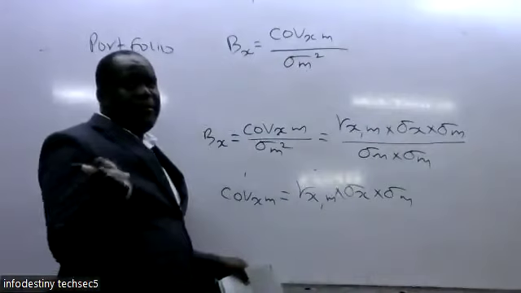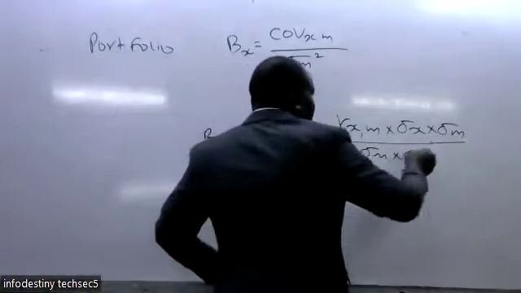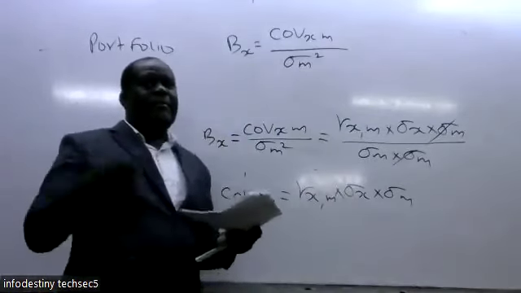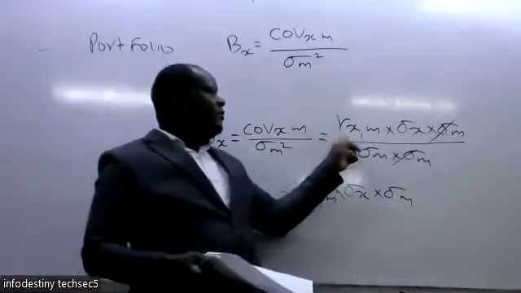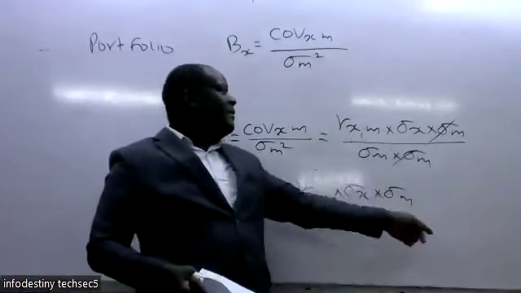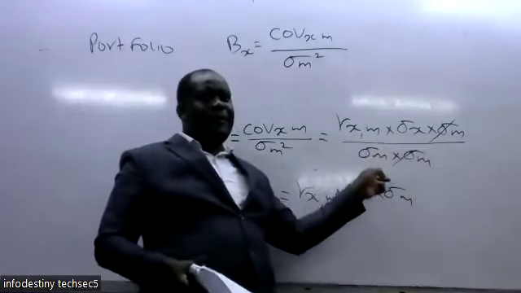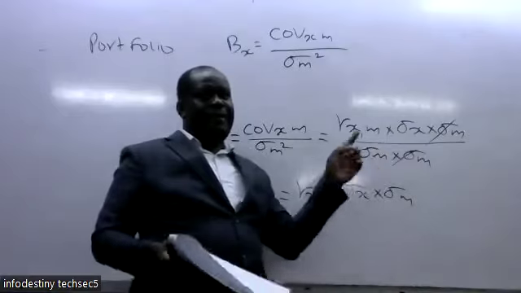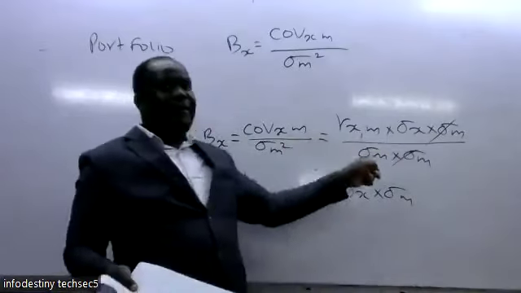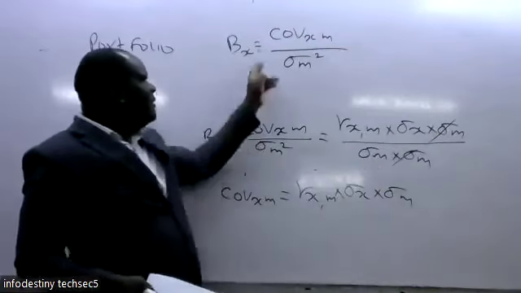That's why you see the formula you applied in the previous question. So these cancel off. That's why it was the correlation coefficient between the project and the market, multiplied by the standard deviation of the project divided by the standard deviation of the market. This is how we got the beta factor in the previous question.